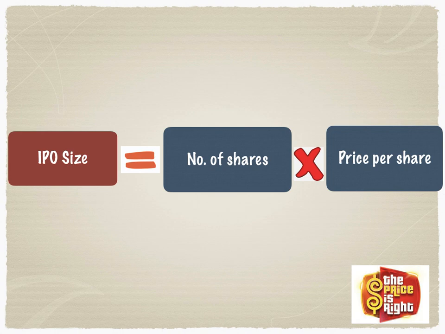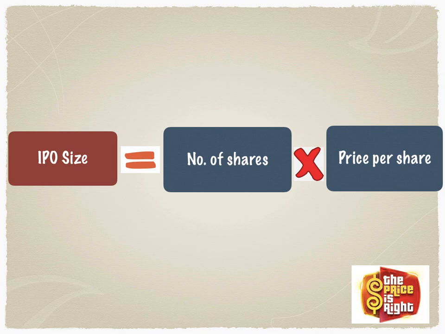If the price is too high, the investors may not subscribe to the shares. The IPO will become a failure. If the price is too low, the investors want to apply more and more. And then the promoters are thinking, oh no, did I make a mistake by giving away my shares too cheaply?